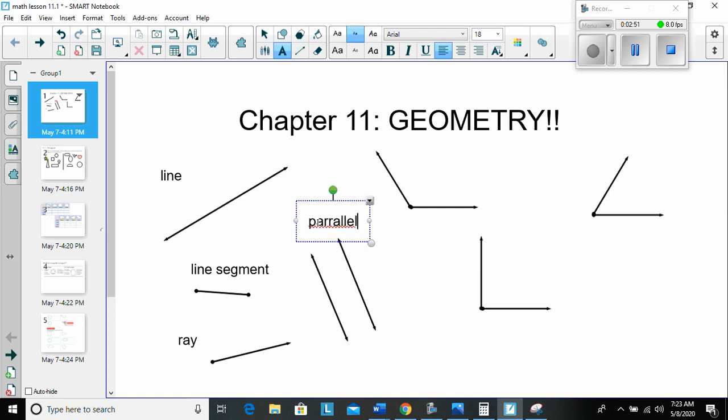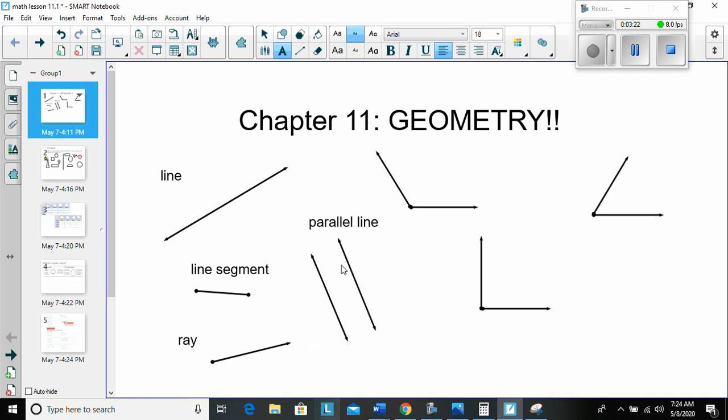Parallel lines means that they run in the same direction endlessly, and they're never, ever, ever going to cross. So if I kept going on this line and I kept going on this line, they're never going to touch each other. They stay the same distance apart all the way through. And those are parallel lines.